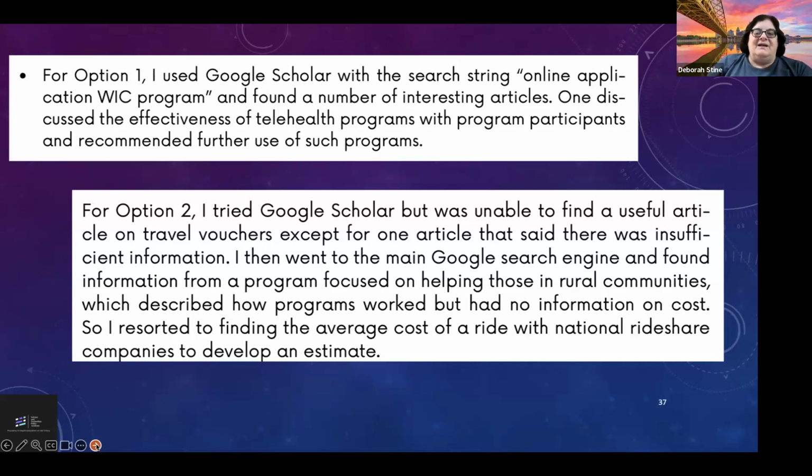They can instead apply online. I found one that discussed effectiveness and had information on how much was saved by doing the program. For the second one, which is about having travel vouchers, like a travel voucher for an Uber or something like that, I couldn't find anything at all. I found that there was a program, but there wasn't any information on cost.